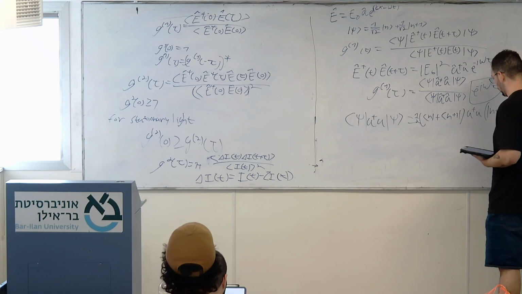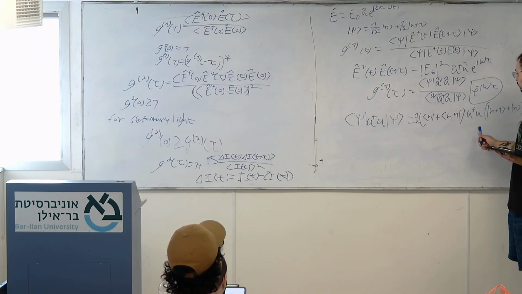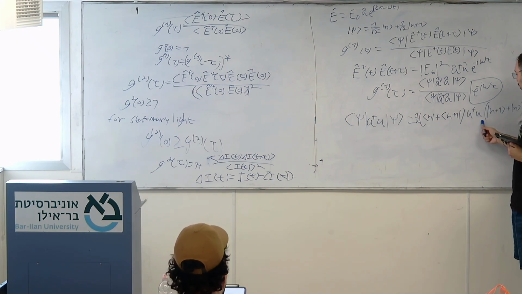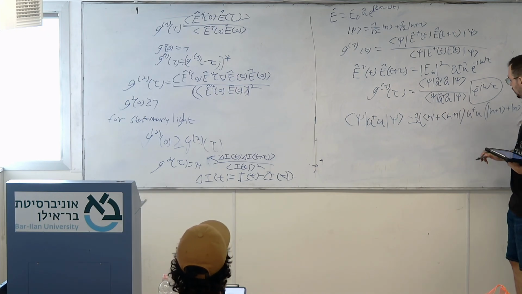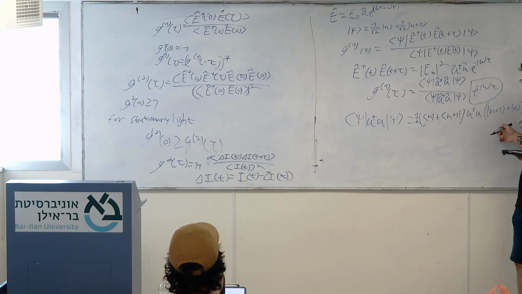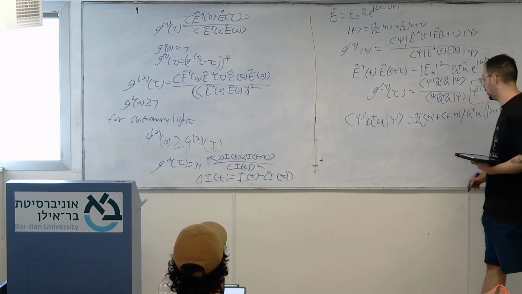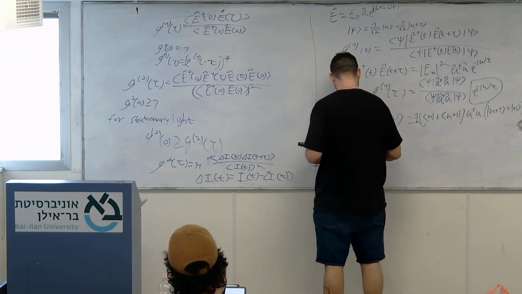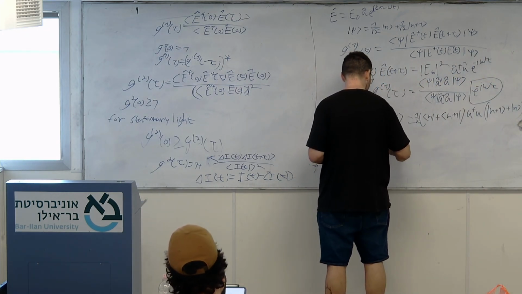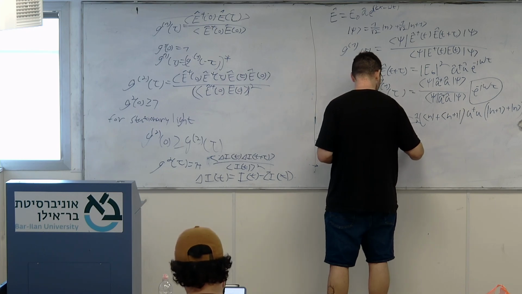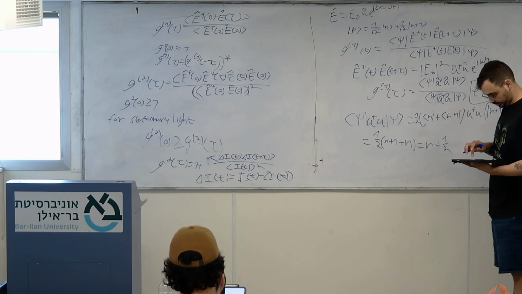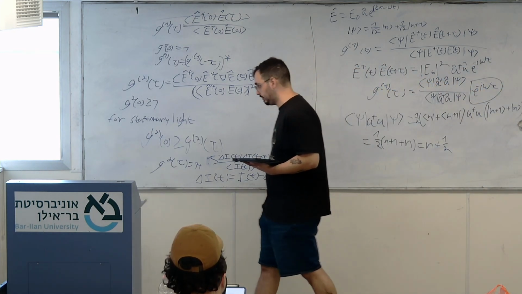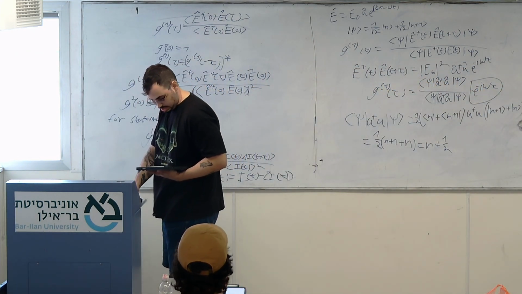We know that a dagger a will not change the number, so we can completely separate them into n and n plus 1. And this a dagger a, we also know it is the number operator, which allows us to take the n out. So this would be equal to 1 over 2 times n plus n plus 1 over 2. This was pretty simple, nothing crazy here. Now let's do g2.